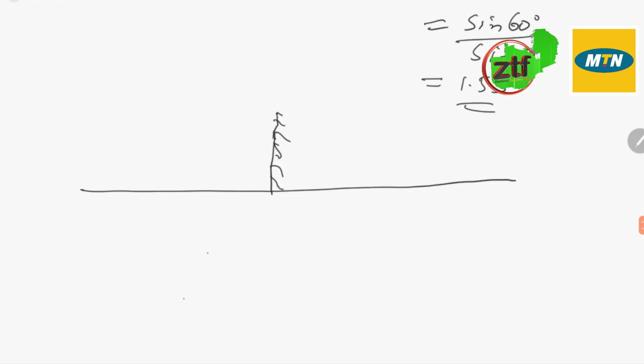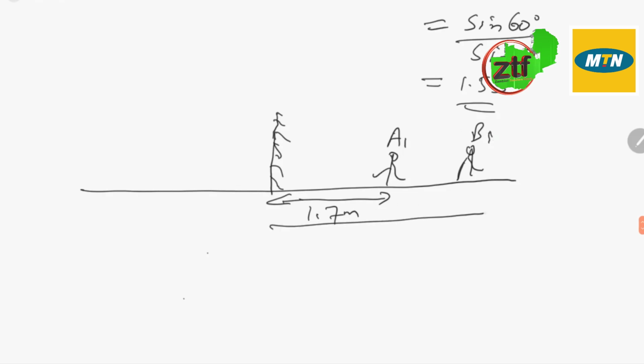And then what we have is that we have an image here, which is B1. We also have an image here, which is A1. So A1 and B1 are images of some objects. Okay, fine. So the distance of image A1 from the mirror is 1.7 meters. The distance of the image B1 from the mirror is 3.7 meters.